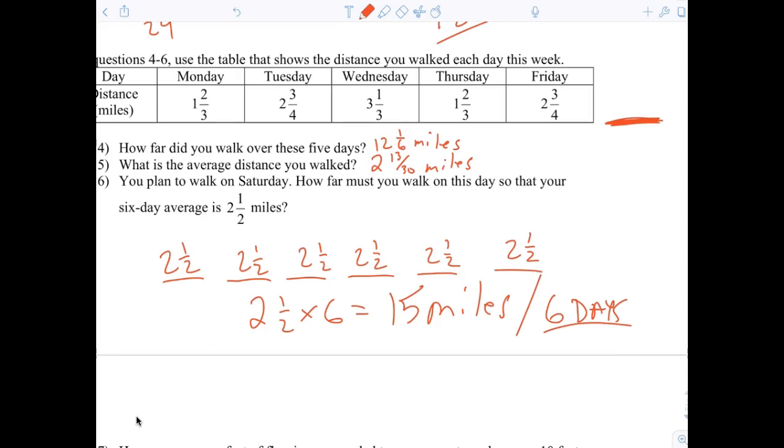What do I have to walk on Saturday to average that? What do I have to do? How did you get that? What do I do? 2.5 divided by 6. No. What? You add up all those. Well, didn't we already do that? Wouldn't you?